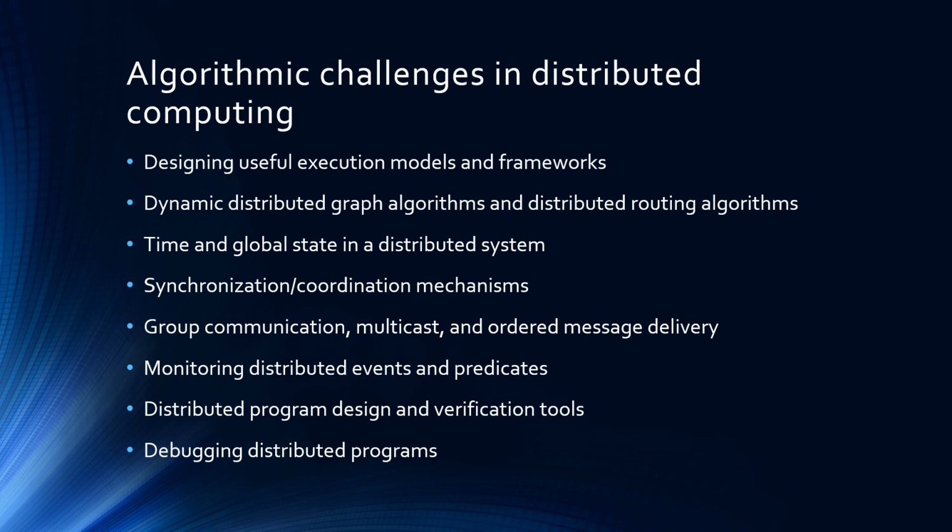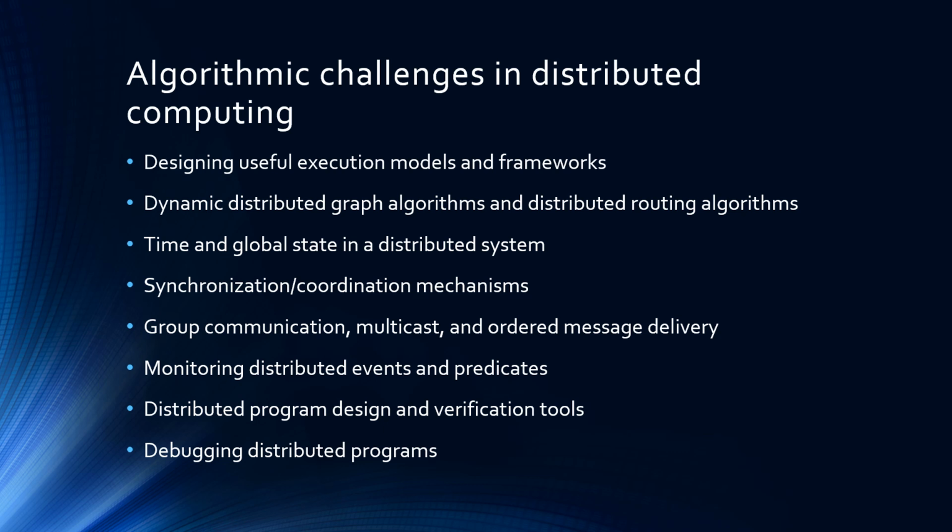So everything comes under time and global state in a distributed system. Okay. Then synchronization or coordination scheme. Yeah, that's what we discussed. So group communication, multicast, ordered message delivery, everything comes under group communication.